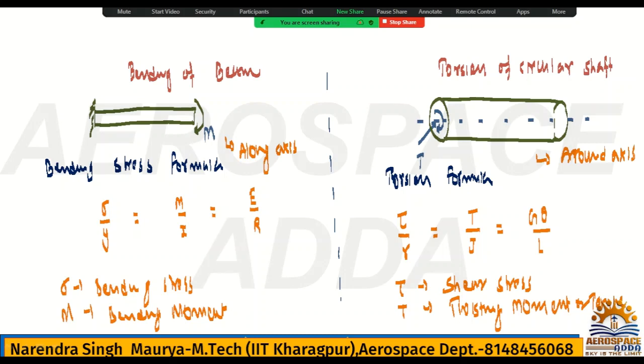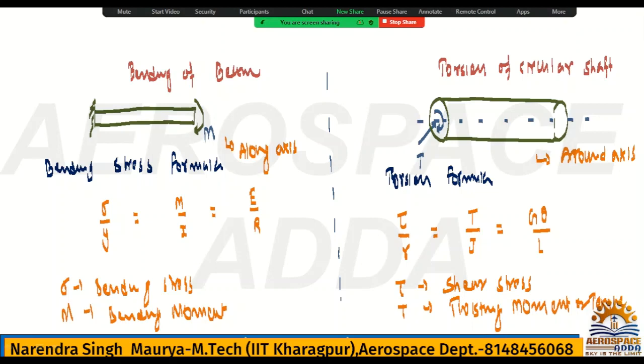Now, earlier, for the bending of beam there was the Euler-Bernoulli beam and there was the assumption. Similarly, we have assumptions here also.